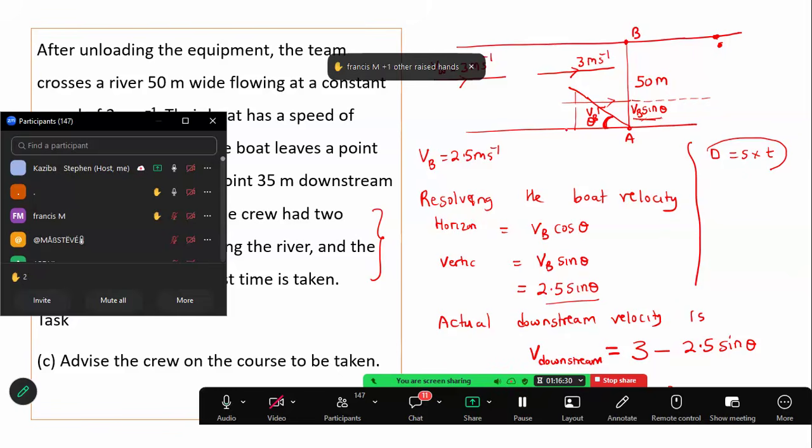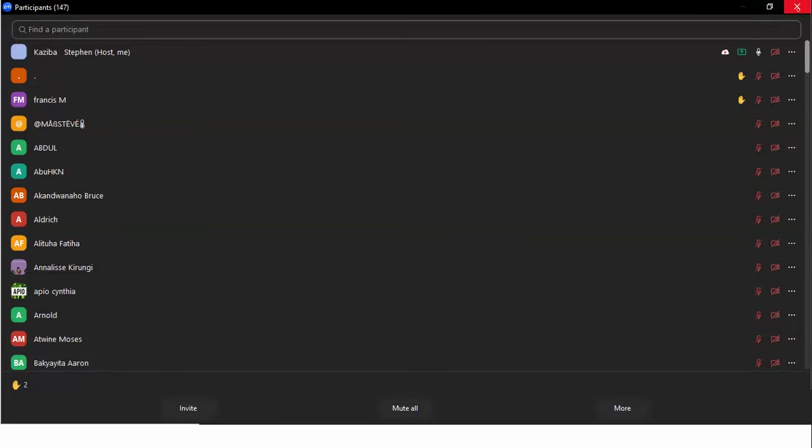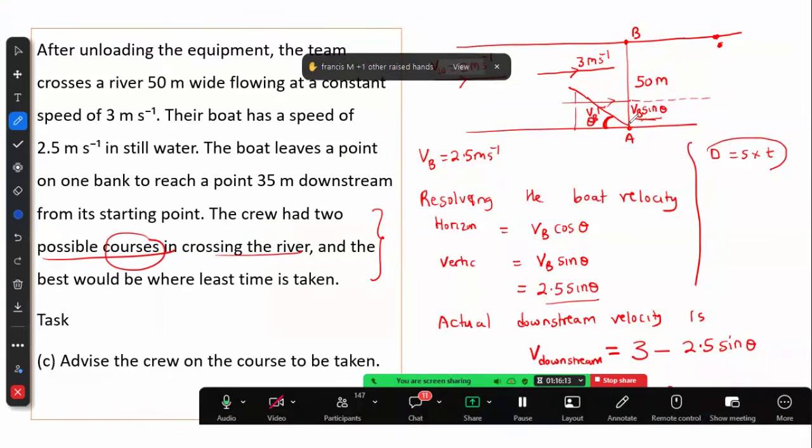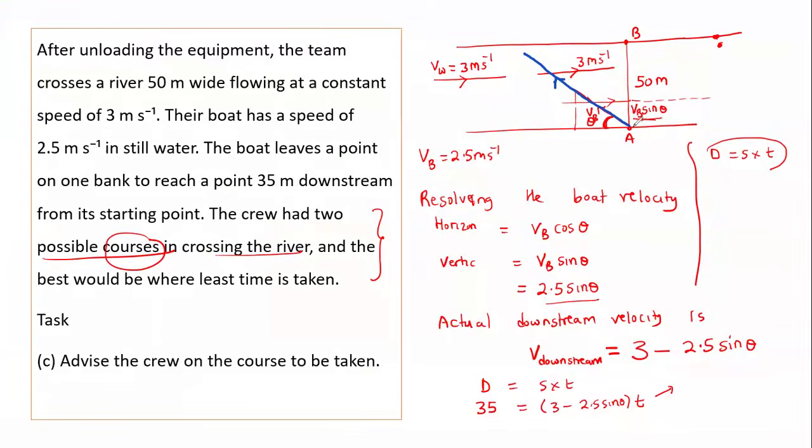Okay. Now, why are we resolving? The question told you that the crew had two possible courses in crossing the river. When you talk about the courses, remember I have told you that when you are crossing the river, you can go like this or you could go directly like that. Those are the two courses you can use, and each of them will lead you to your destination.